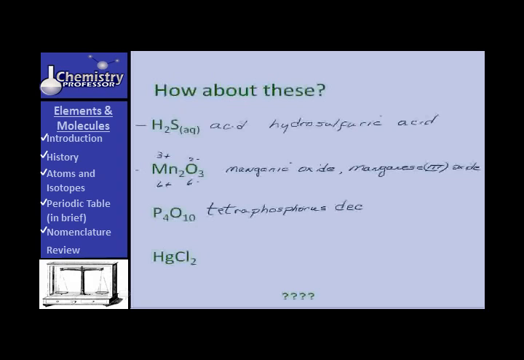Remember, when we have the A and the O together, we're going to drop the A and keep the O. And so that is why it's going to be the decoxide. So we will erase this and put in the name that we need here. There's my pointer. I know it's around here somewhere. There it is. Oxide. Tetraphosphorus decoxide.